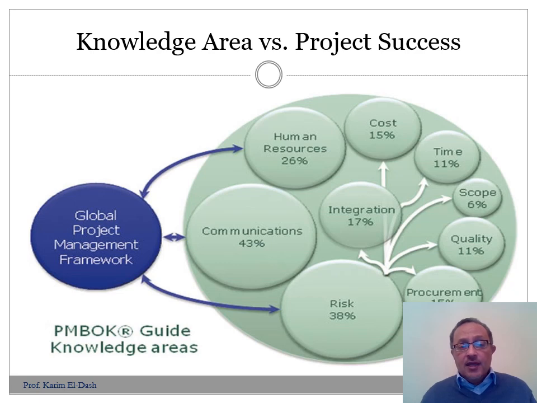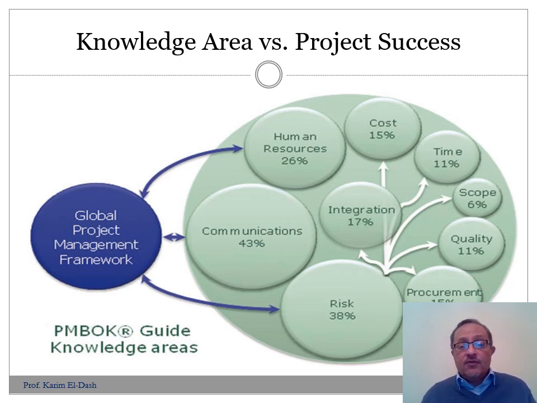For this slide, we can see the parameters and the areas that affect the success of the project. At the very beginning and at the top of those items, we can see communication. As per that referendum, 43% of the people participating assume that communication is the prime parameter that affects the success or the failure of the project.